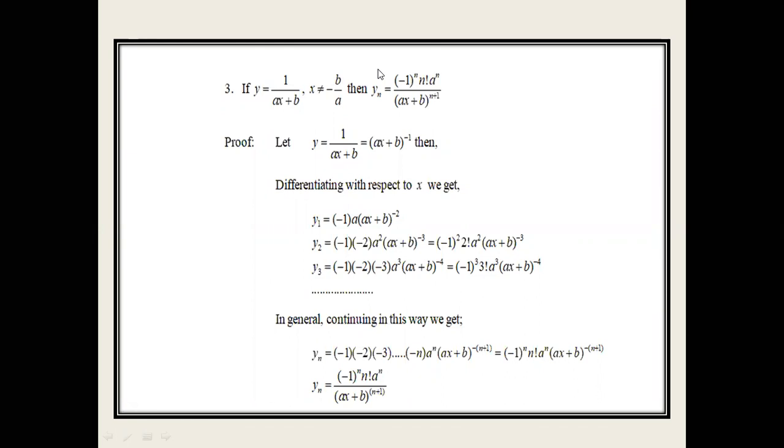Then we have to show that the result yn is equal to minus 1 raised to power n, n factorial, a raised to power n upon (ax plus b) raised to power n plus 1. Now this is an important result for the nth derivative.